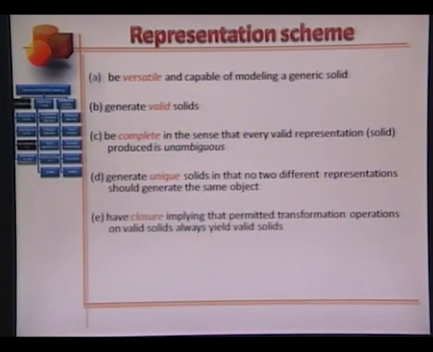It should have closure, implying that permitted transformation operations, set operations in particular, on valid solids always generate valid solids. Of foremost importance is compactness and efficiency in matters of data storage and retrieval.